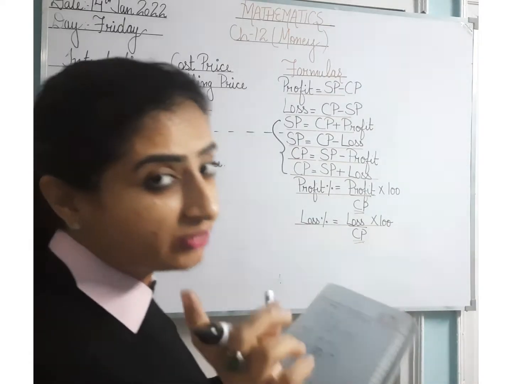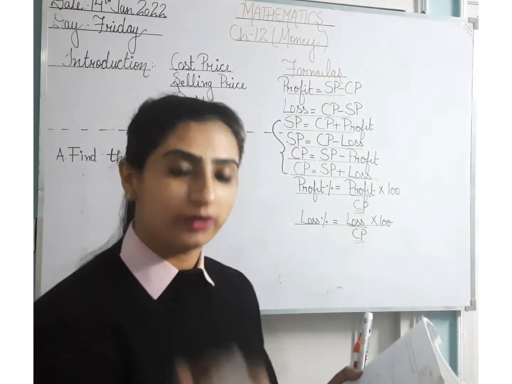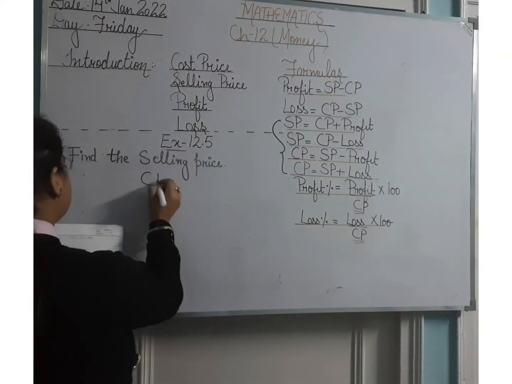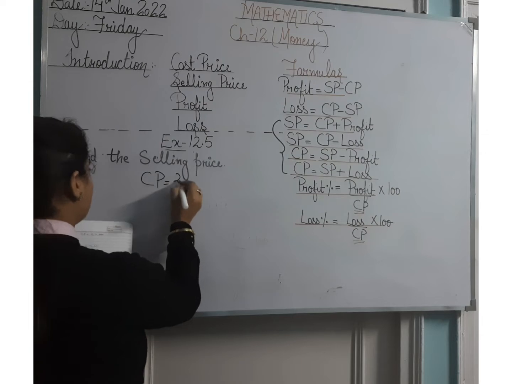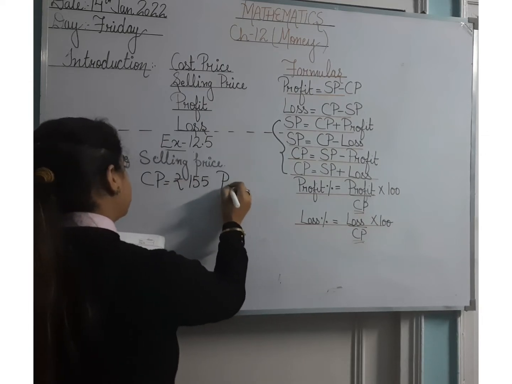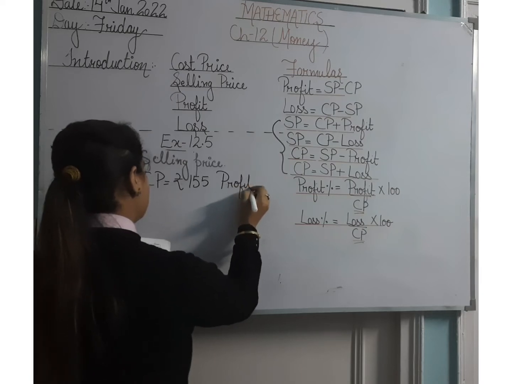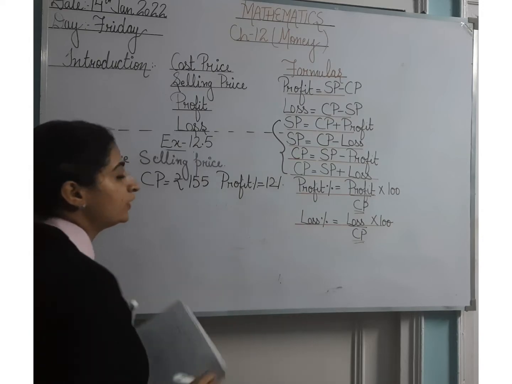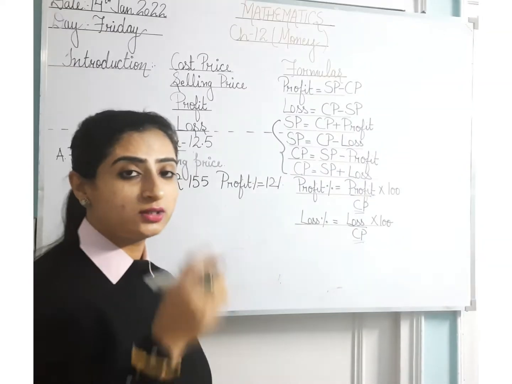Very important: whenever you solve a question, you have to see what you need to find out and what is given. So what is given here? CP is equal to rupees 155 and profit percent is equal to 12%.